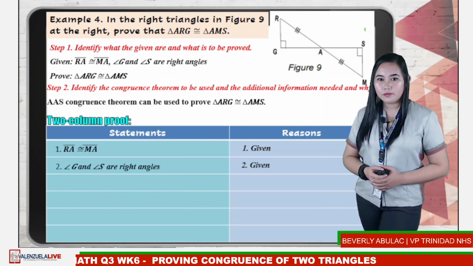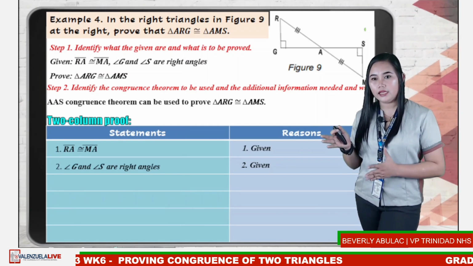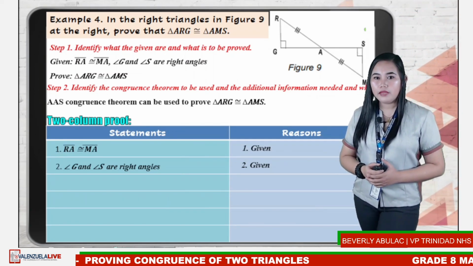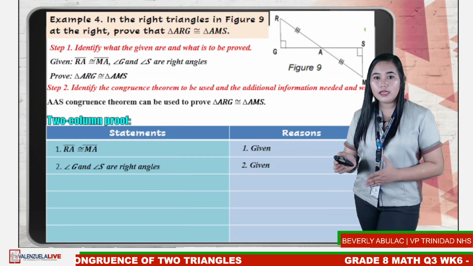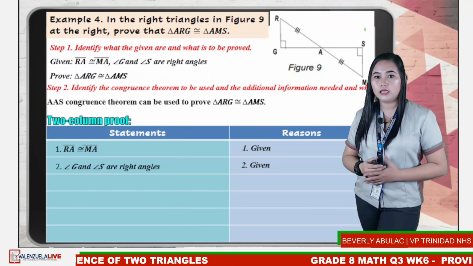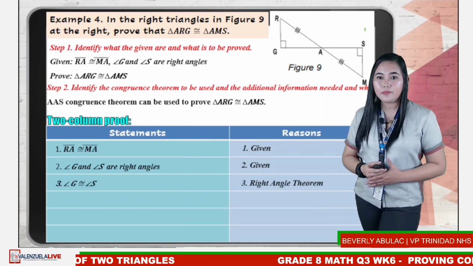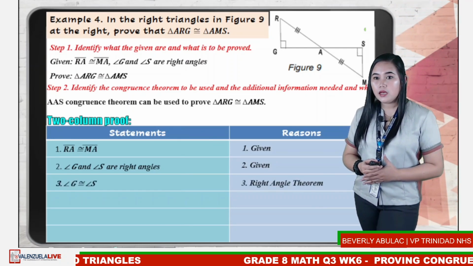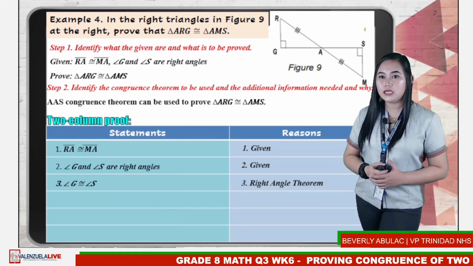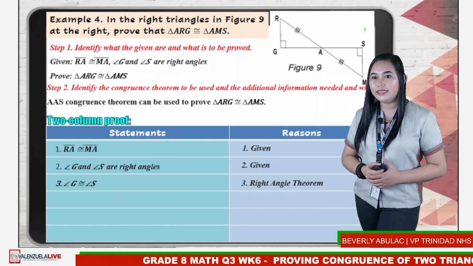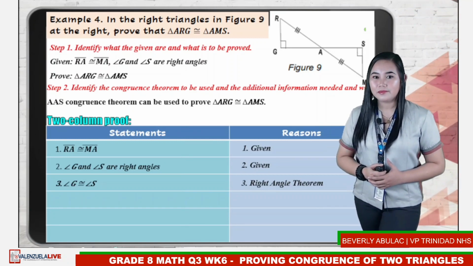Now, as you can see on the figure 9, we have the angle G and angle S. So we can say that angle G and angle S are congruent. Why? Because of the right angle theorem. Angle G is congruent to angle S, as marked on the figure 9.